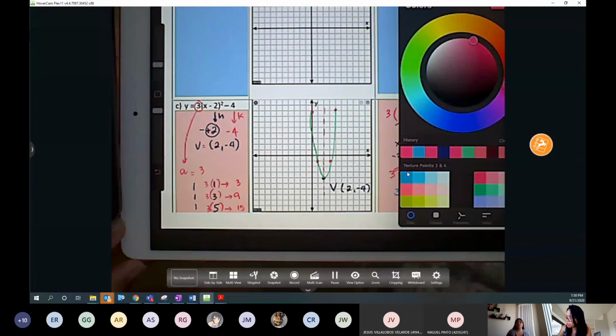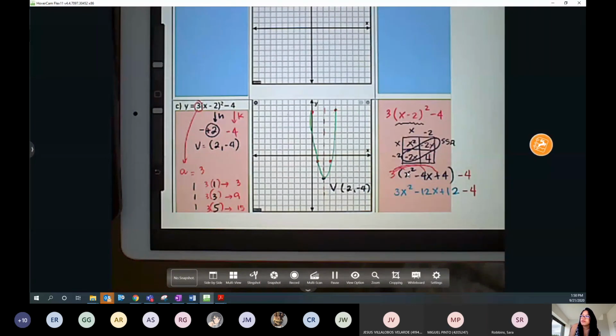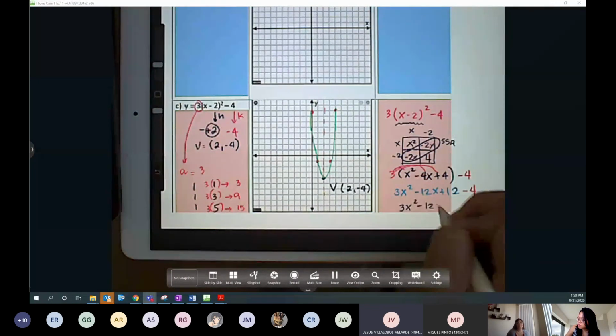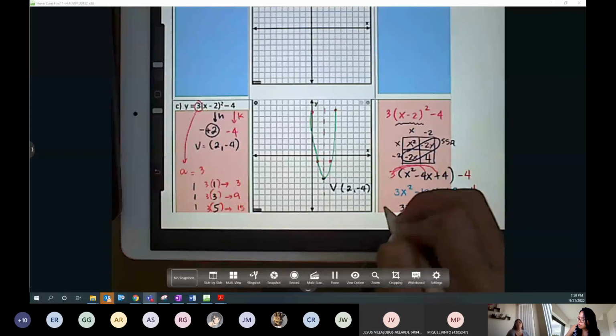So what is our final equation? It would be 3x squared minus 12x plus 8. Okay.